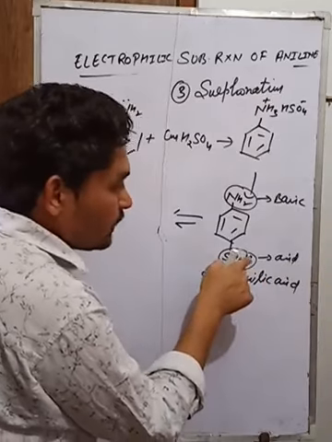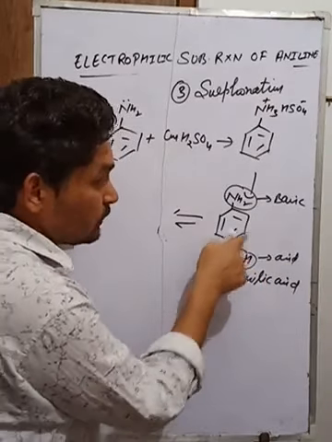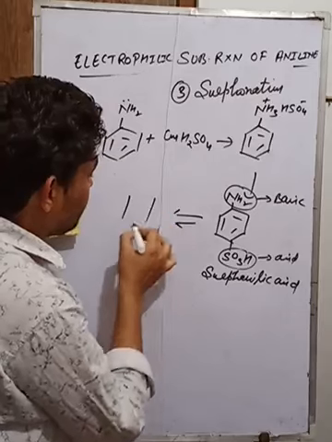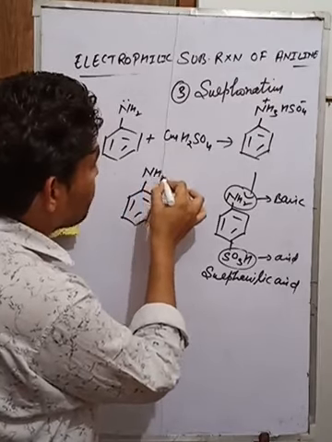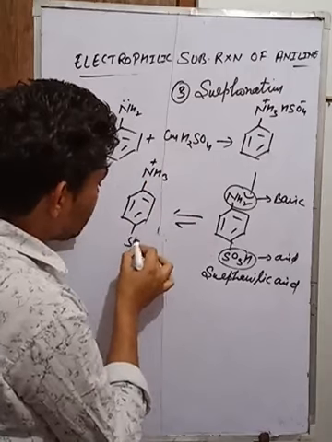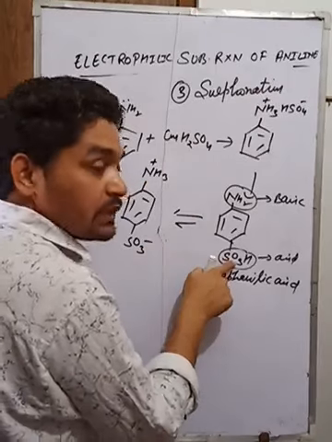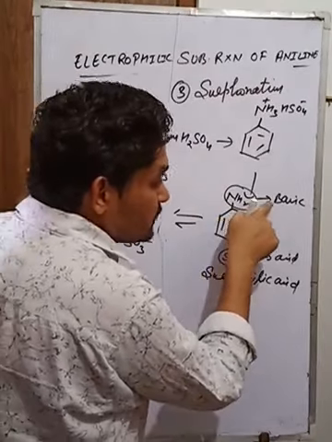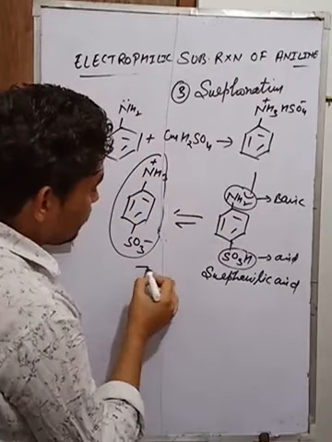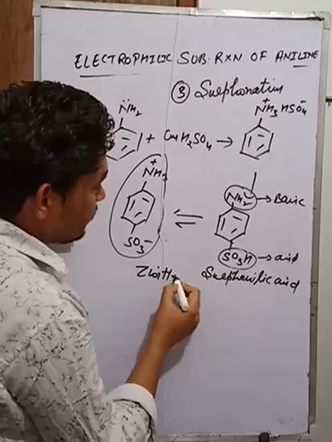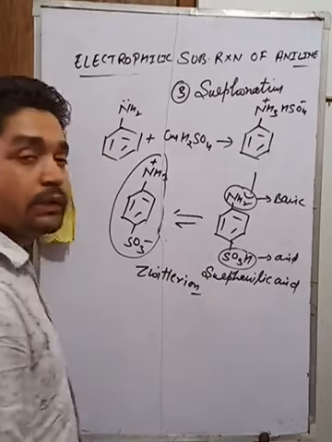The acidic group releases a proton, and the basic group accepts a proton to form a dipolar ion, which is known as a zwitterion.